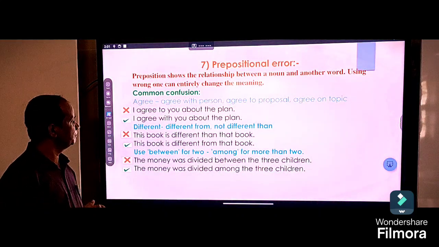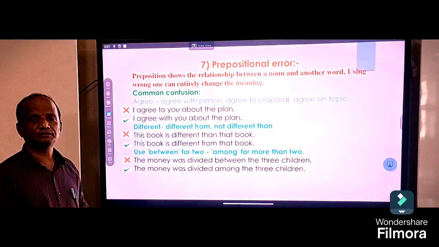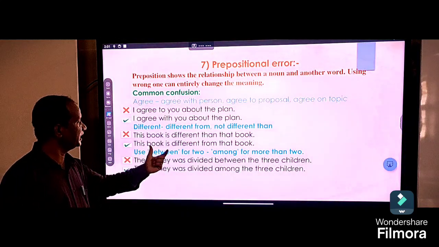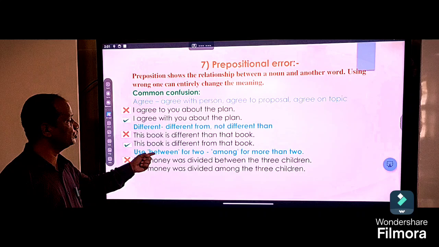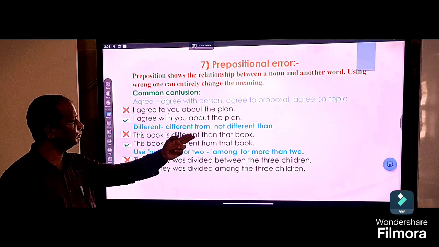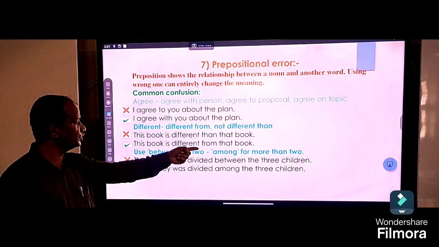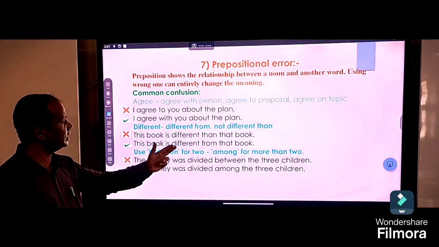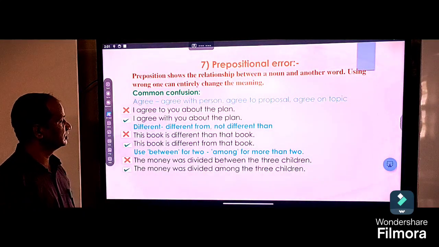Then between and among. When we are comparing two things, we have to use between. When we are comparing more than two things, we have to use among. Here: the money was divided between three children.